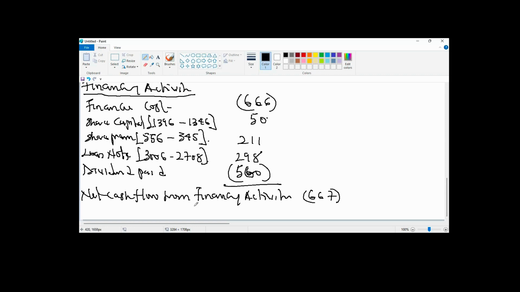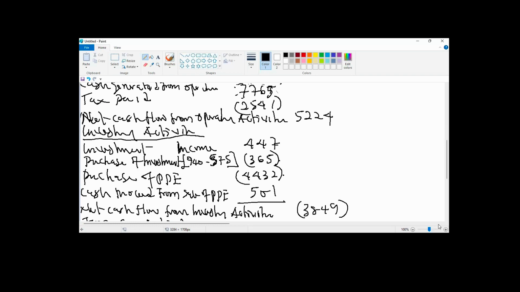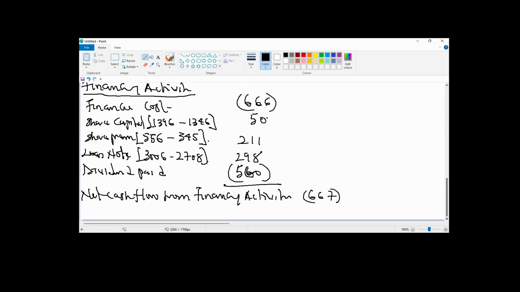I will now sum all the nets. 5,224, then minus 3,849 minus 667. That gives 708.